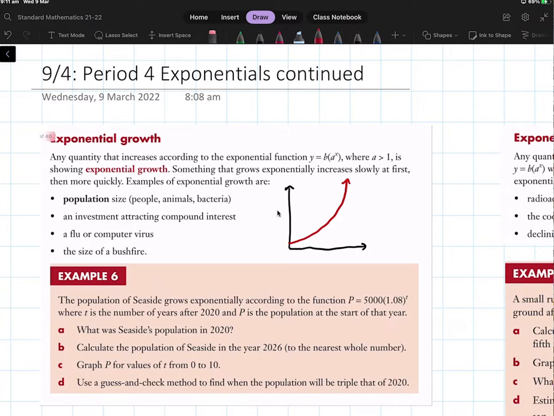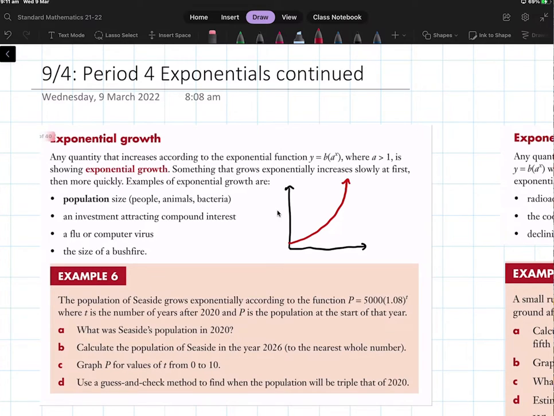Population size is a great example of exponential growth. Investments like compound interest, like we mentioned earlier, virus growth, funny enough, and this last example here, the size of a bushfire can be modelled or described using exponential growth.